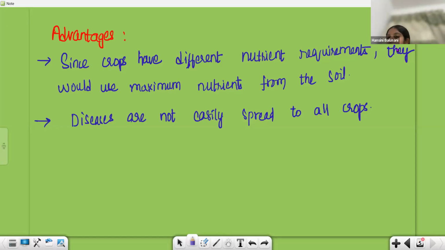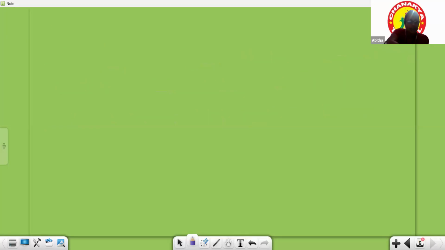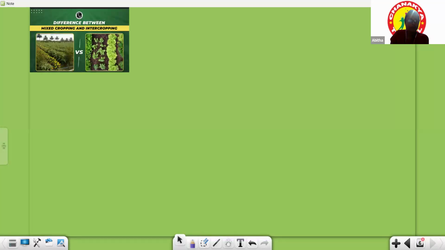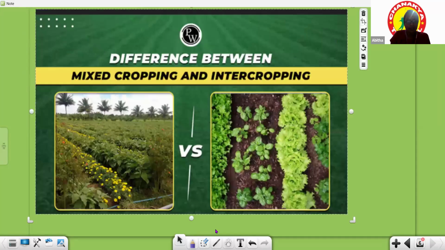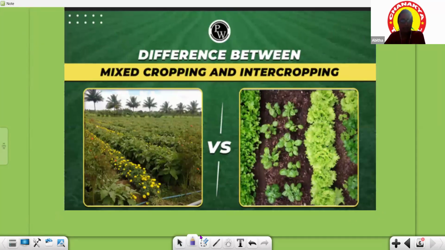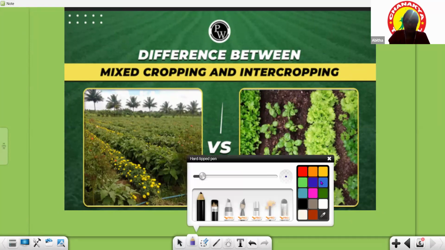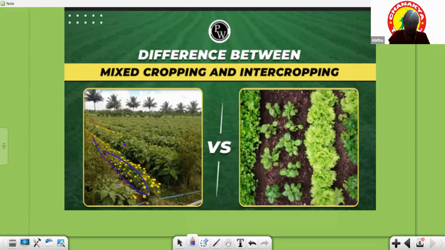Yes, perfect. Okay, let's see the picture of mixed cropping and intercropping. See the difference? You are growing different varieties of crops in rows here.